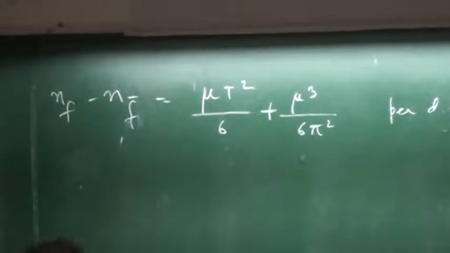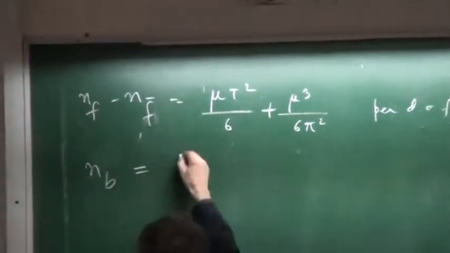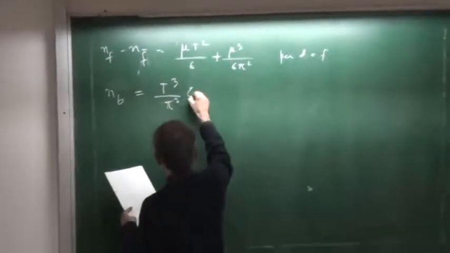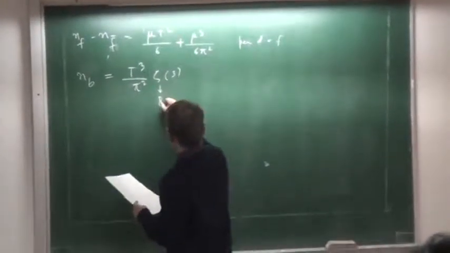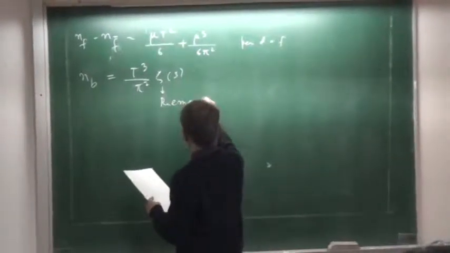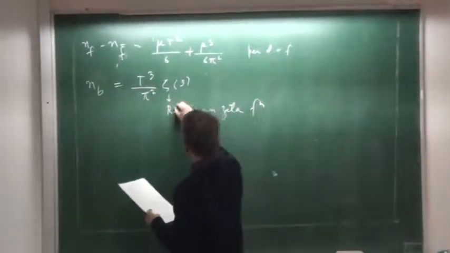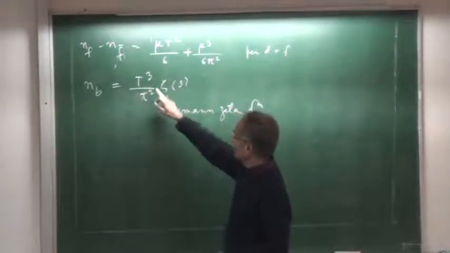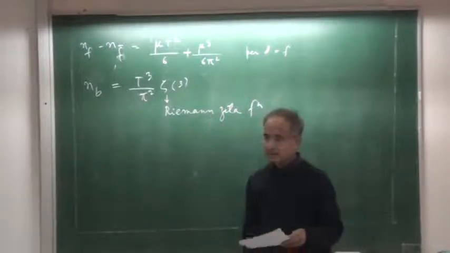There is also an expression for N_B, the number of bosons, again massless: T cubed, pi squared, upon the Riemann zeta function at 3.